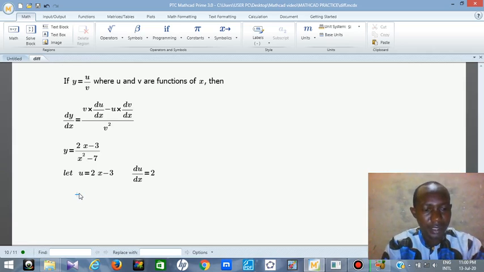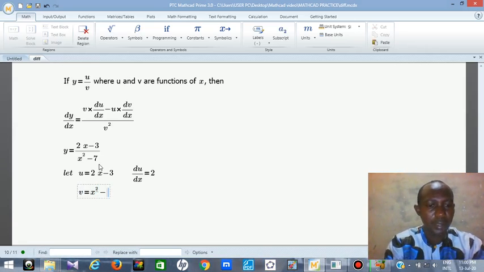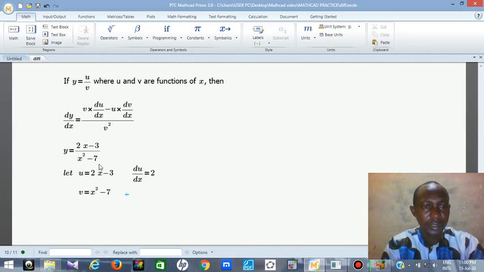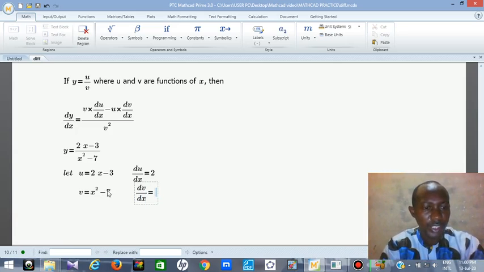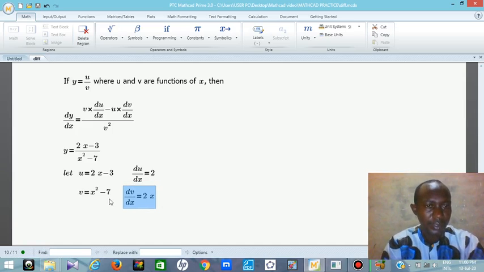Then the next thing is v is equal to the denominator, which is x squared minus 7. Then dv/dx will be equal to, when you differentiate this, 2x. That is all with this.